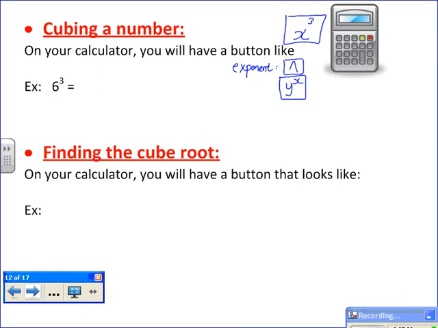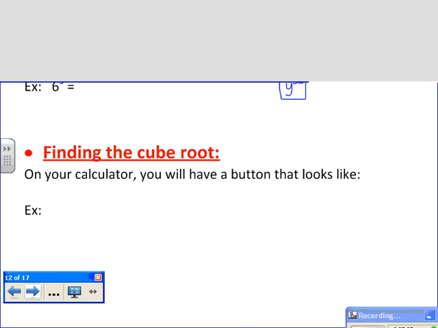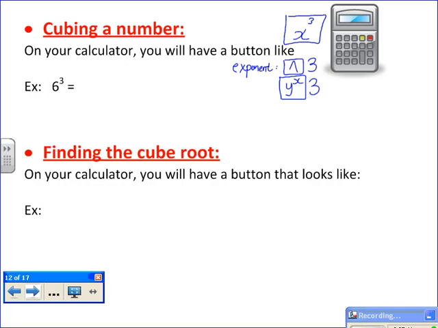If you want to cube a number on your calculator, you're simply going to hit the exponent button and type in a 3 after it, so that you're going to cube it. So 6 cubed on your calculator would look like this. You would type 6, and then hit either your exponent button or the y to the x button, whatever you've got there, and put in a 3, and that tells your calculator to make 3 the exponent.